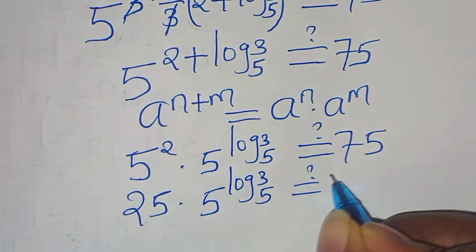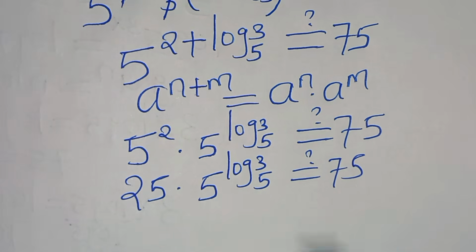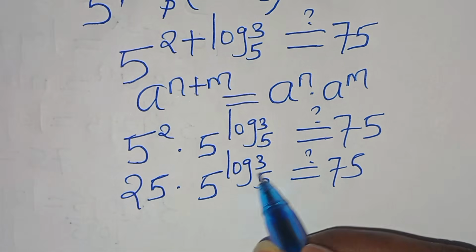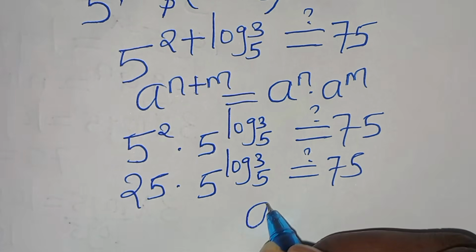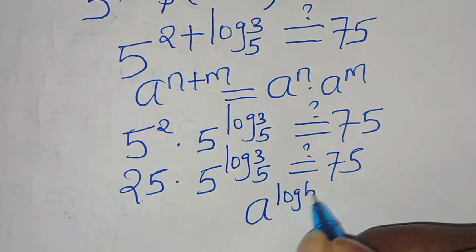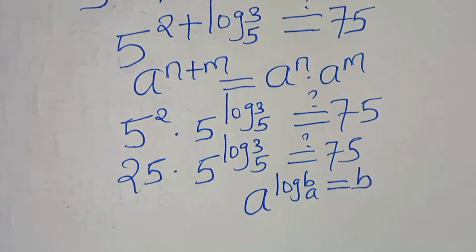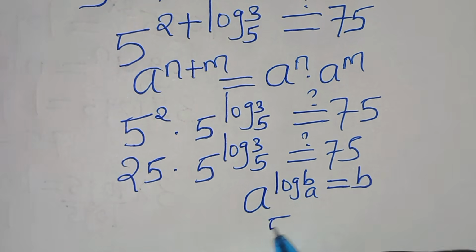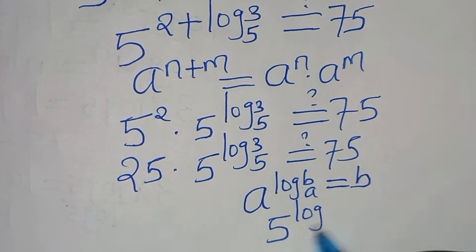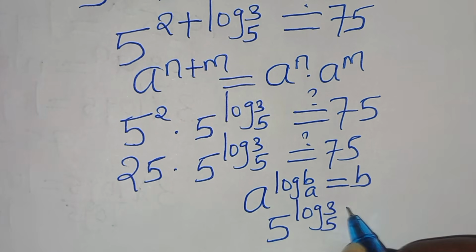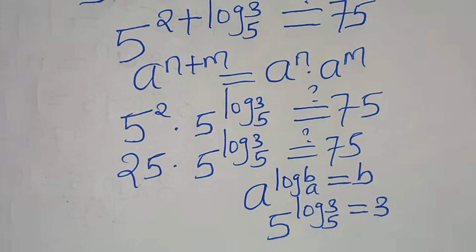This should give us a value of 75. 5 to the power of log 3 to base 5. This is in the form of a to the power of log b to base a, and this is actually equal to b. And this means that 5 to the power of log 3 to base 5 should give us a value of 3.